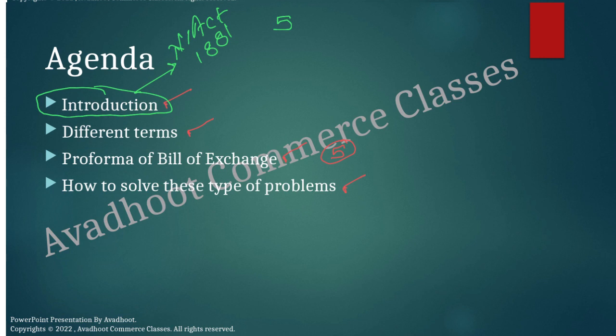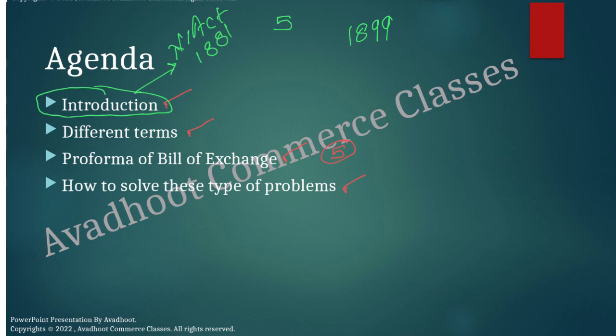Now, this definition itself gives the features. What are the features? It should be in writing, and it must be stamped as per the Stamp Act 1899. According to that, you have to put the stamp on the bill of exchange. A bill of exchange must be dated, having a certain sum of money.